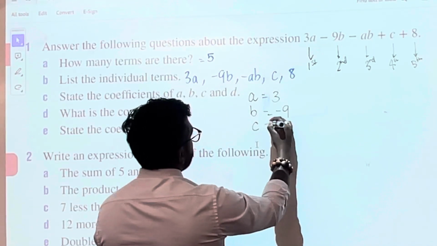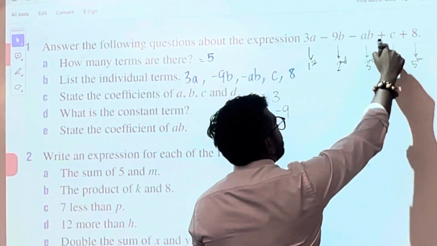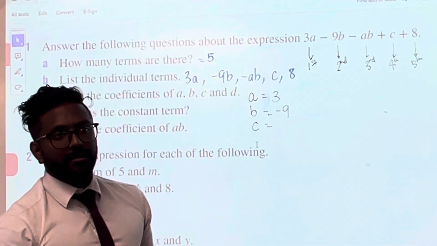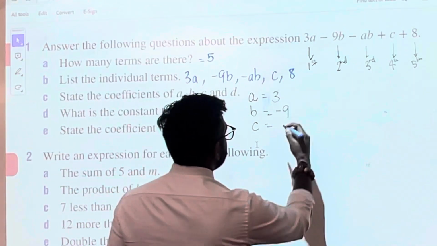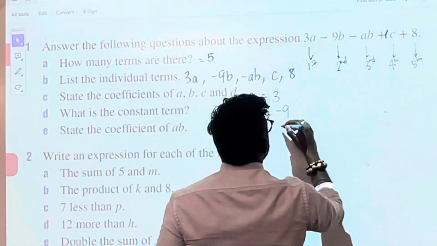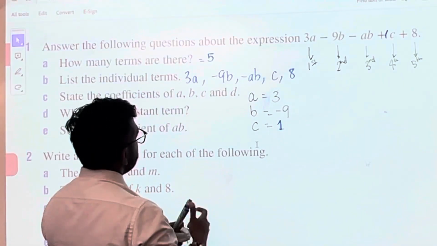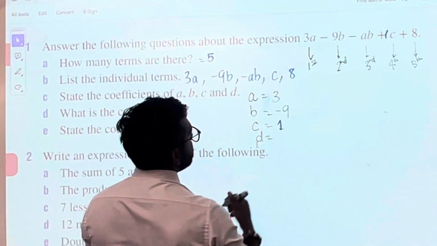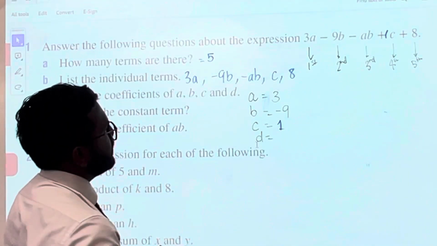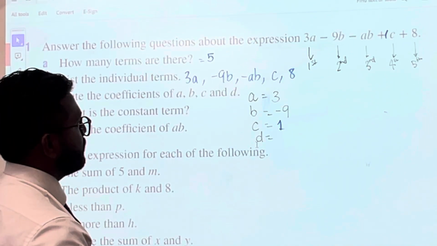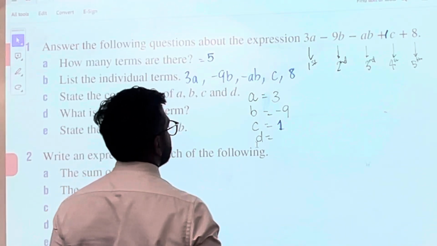The coefficient for c, we can't see it, but there's actually a number there. And that number is actually 1. And then the coefficient for d is going to be, is there a d there? No, there isn't. So it's a 0.